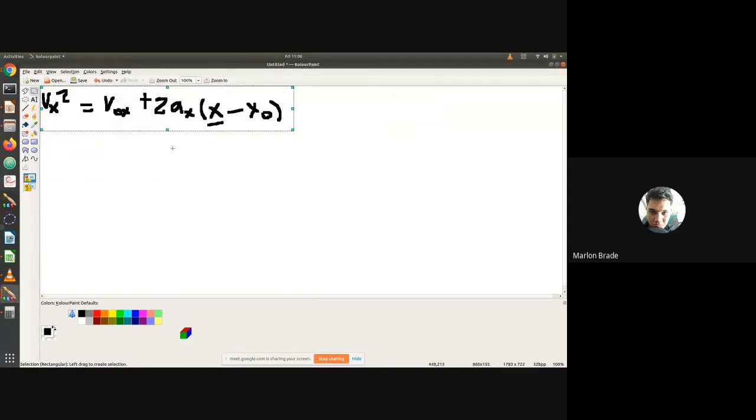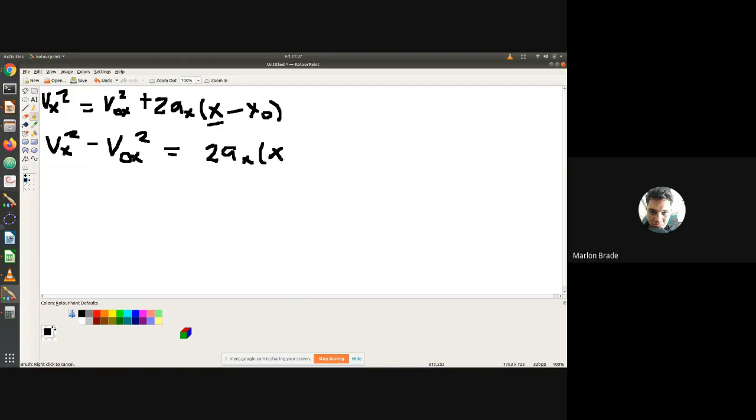So akong gipangita kay x man. So akong a, this is squared. I-transpose na ko to the other side, so vx squared minus v naught x squared is equals to 2ax multiply by x minus x naught.